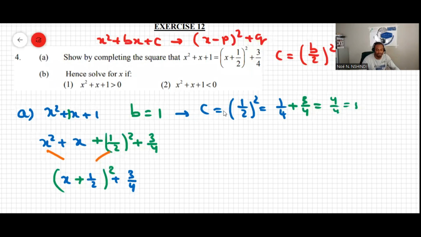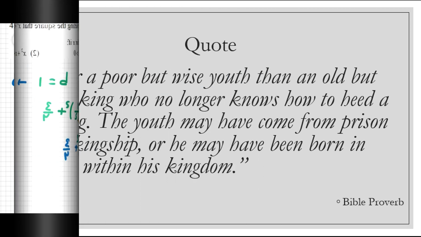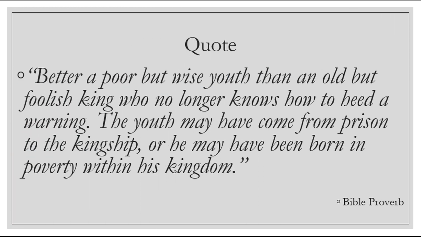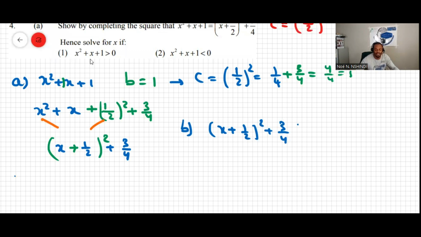Now the question says, hence solve for x if this expression is greater than 0. So for B, it is x plus a half to the power of 2 plus 3 over 4, greater than 0.